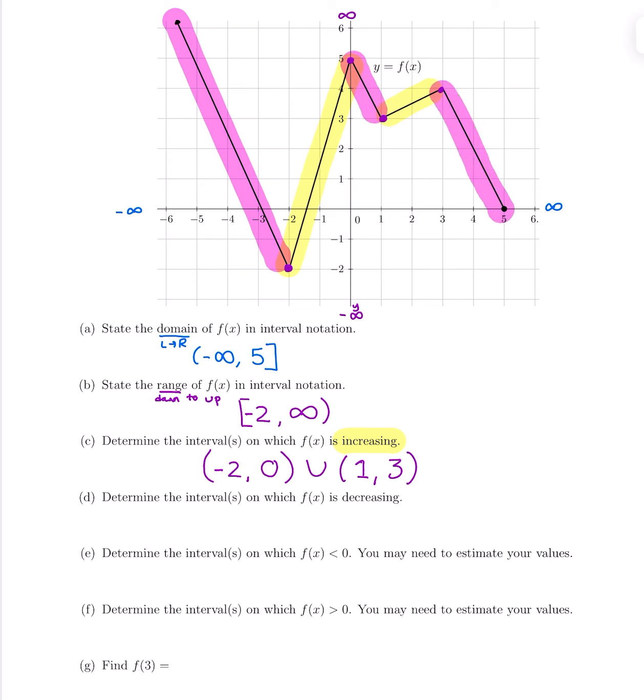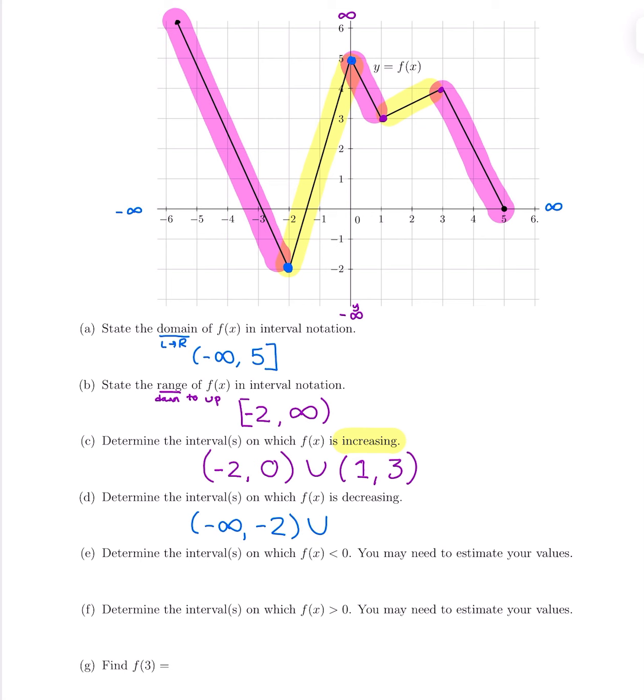I have 3 decreasing intervals to write, always in terms of x values. So I'm going to start with the x value. It's going all the way to the left. So it's going to start at negative infinity and then stop at this x value here. This x value is -2. Union, I'm going to have 3 intervals to write.